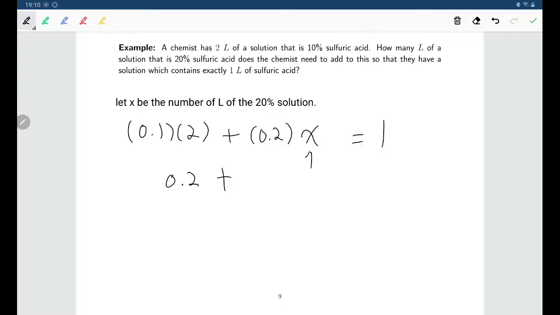You have x liters of solution, 20% or 0.2, that's the proportion that's acid. So 0.2x, that's the amount of acid that we get from the second solution. Acid from the first solution, acid from the second solution needs to add up to give us 1 liter in total. So now we can solve for what x is. And so as it turns out, I will need 4 liters of the 20% solution.